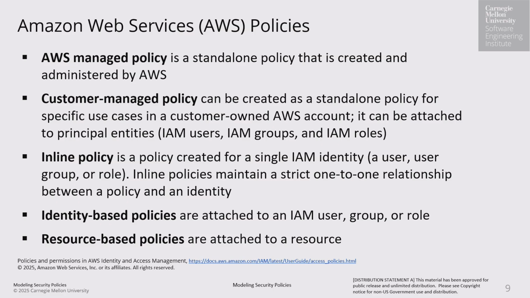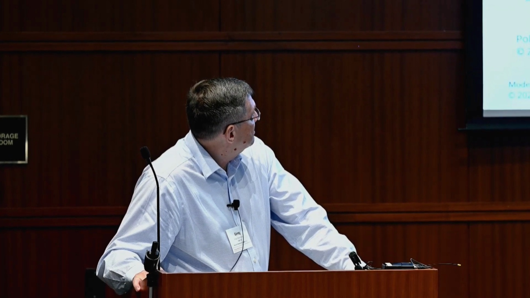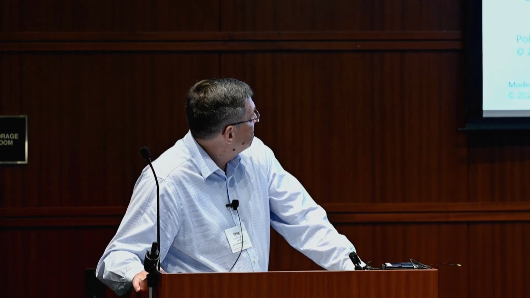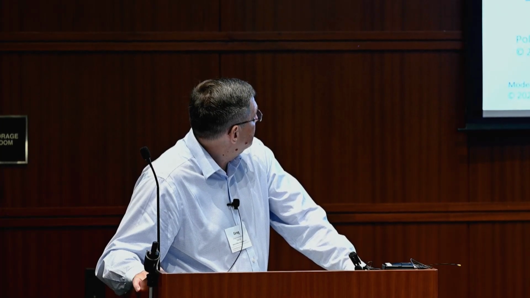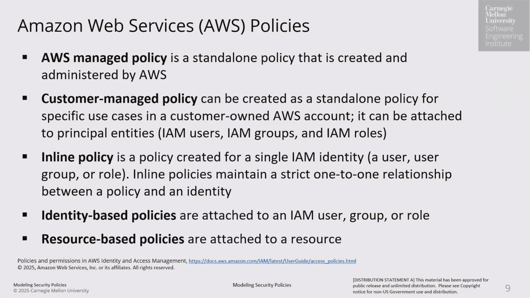That would be suitable for specific use cases. And those policies can include normal AWS constructs, accounts, groups, roles, other types of objects. Inline policies are created for a specific identity, right? They live and die with that identity. Identity-based policies or resource-based policies are also important in this scope. And here is the reason why we talk about these particular policies.